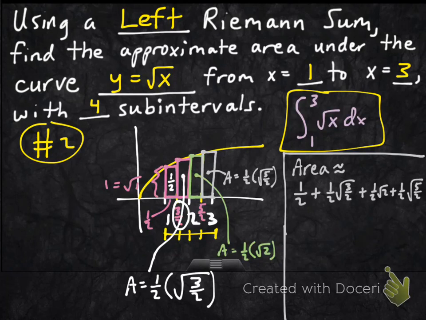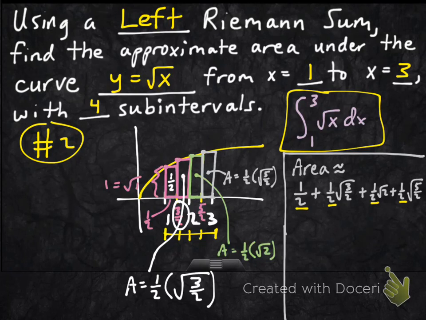Okay, so if I were calculating this on my calculator, I would factor out that 1/2 from all 4 of these terms. Just a little heads up, you don't have to do this. You can calculate each one separately.